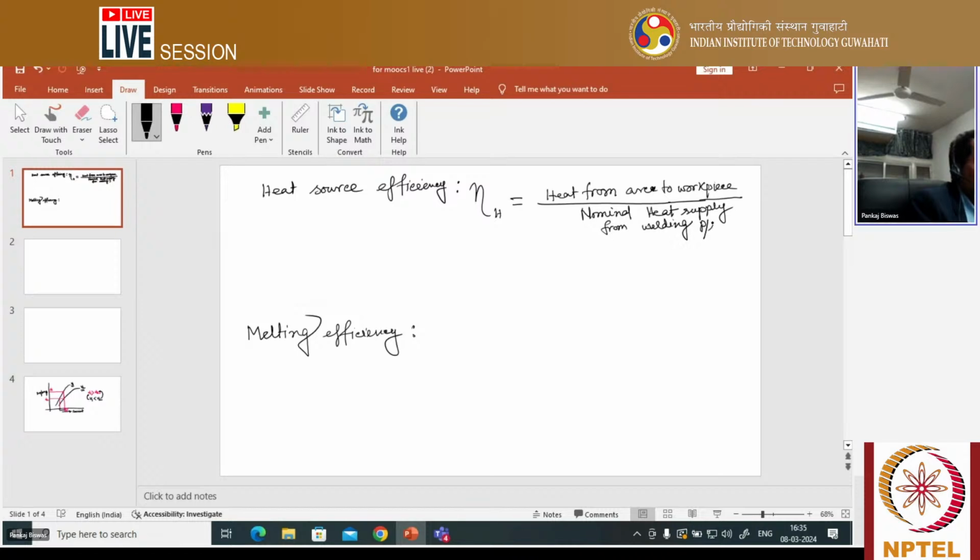Welding power source, I am writing PS. So this is the definition of heat source efficiency.